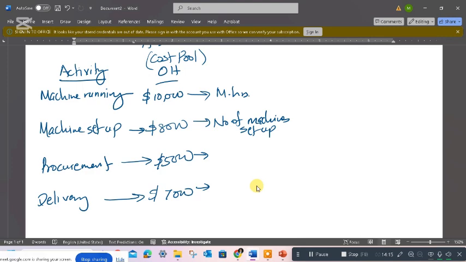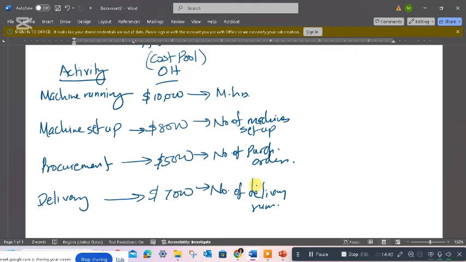Some products are quite light and do not harm the machine much. There is no wear and tear, so you can run without machine setup for a long time. Procurement might be based on the number of purchase orders. Delivery might be based on the number of delivery runs, how many rounds of delivery you are making.